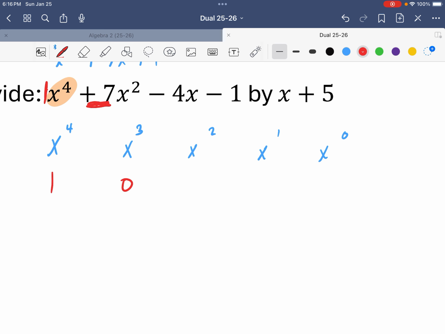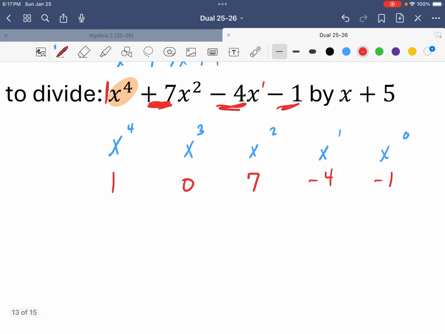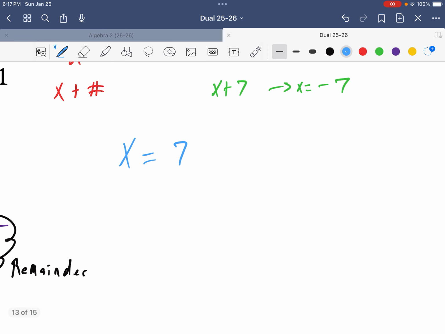Yeah, I got a positive 7 in front of x squared, so 7. x1, it's right here. The number is a negative 4. And do I have a number without any x at all? Yeah, negative 1. I'm going to divide all that in my little box. I'm going to divide by x plus 5. But remember, if there's an x plus or minus, you need to change the sign, like I said over here in this part of the notes.